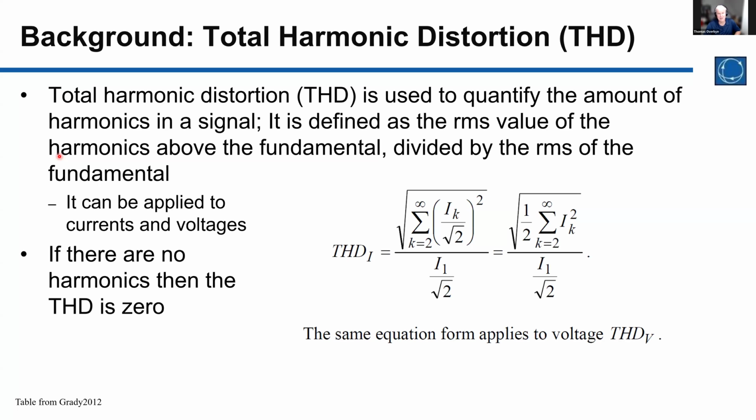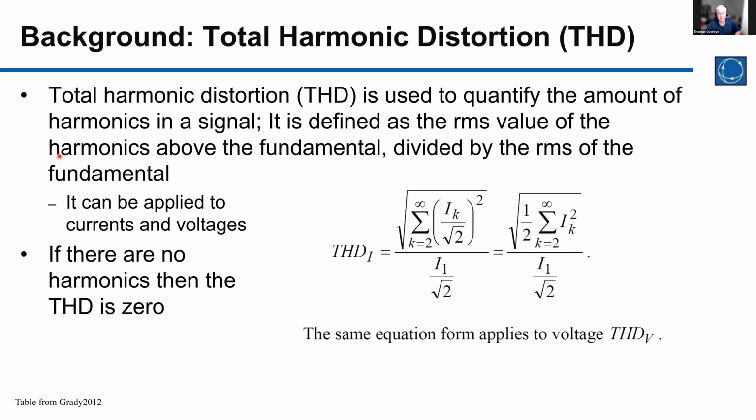So you're just taking a sum of the frequencies above the fundamental, squaring it, taking the square root, and then dividing, kind of normalizing it by the fundamental. And that's the equation there. The THD can be calculated for currents, and if it's being calculated for currents, there's a subscript I there, or for voltages, you'll see a subscript V, and we'll be talking about THDV a lot here.